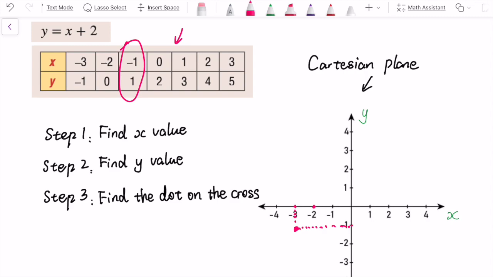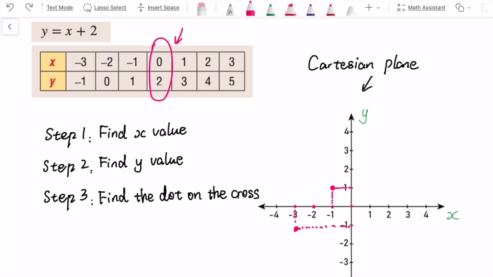Next group, x equals -1, which is here. Then y equals 1, which is here. So you find the dots on the cross. Next, x equals 0, which is here.